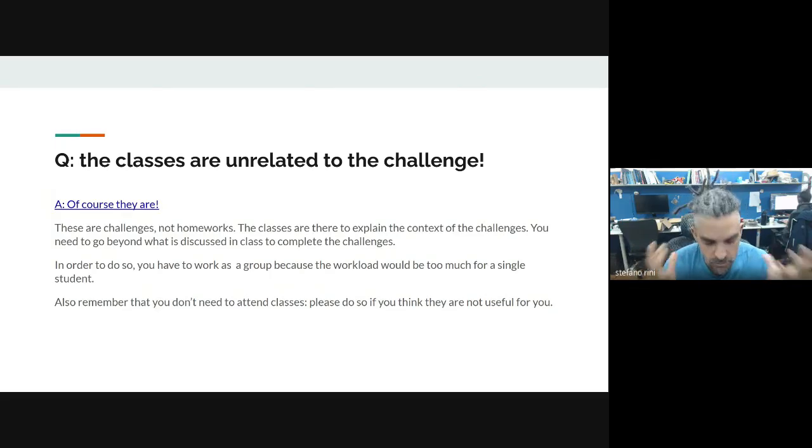You need to have the leadership to say, "The challenge is so large, so extensive, it requires such depth of knowledge that the only way for us to manage it is to separate the work." So the reason why the difficulty level of the challenges is so much larger than what is taught in class is to force you to do these two things.